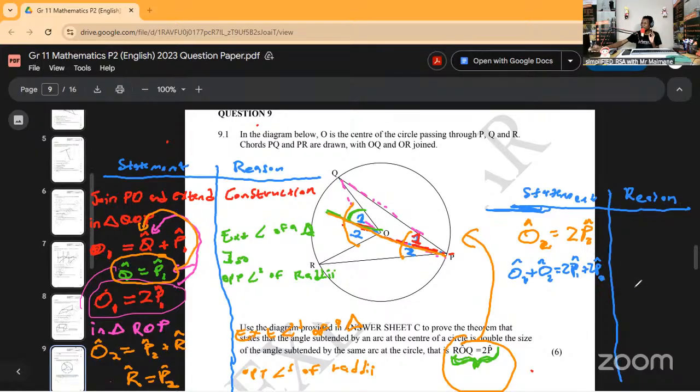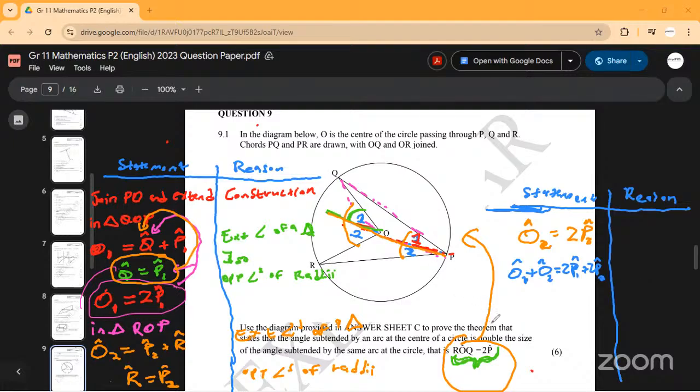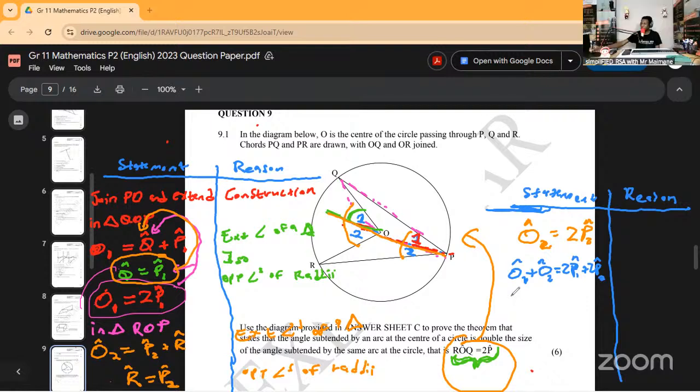Would you agree if we add them? Yes. Great. So it's basically saying two O's to 4P, which is like saying P is equal to double O. Yes. So now I'm just going to say O1.